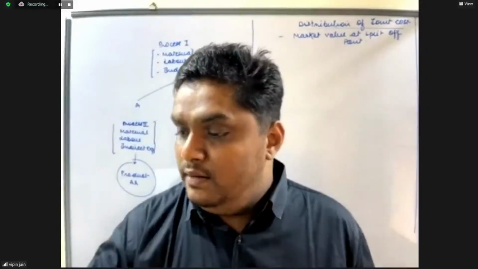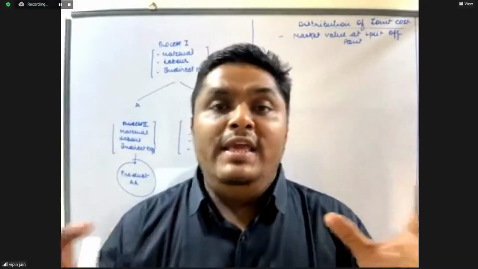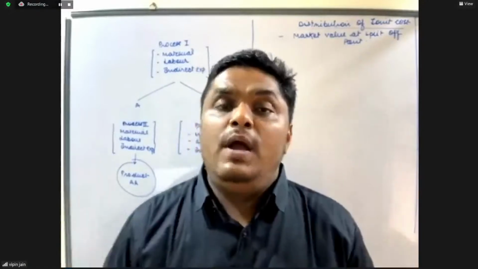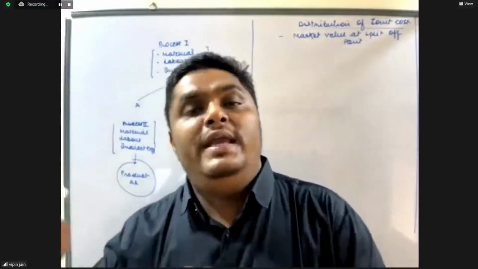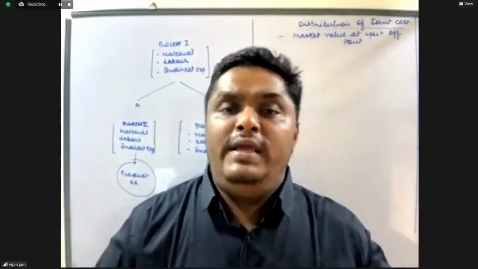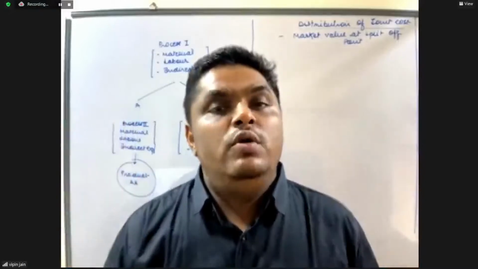I repeat again, even though we are not selling product A and B, there are some companies who are selling product A and B. So the market value is readily available for product A and B. So the best approach to distribute the joint cost is what?